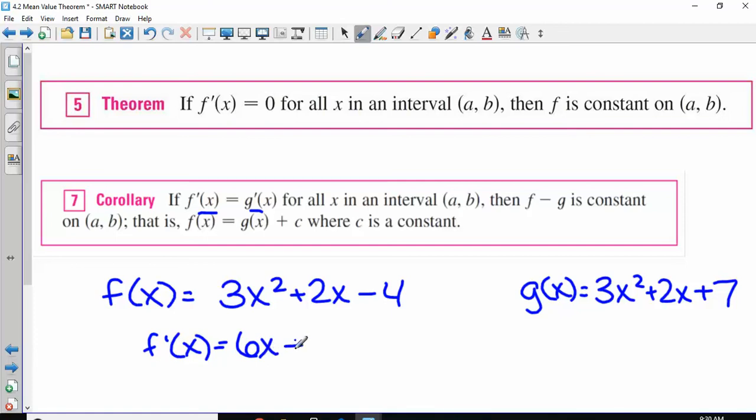So just note that if the derivatives are equal, that doesn't mean the original functions were equal. It just means that the only difference was that constant value. Okay. One more mean value theorem problem.